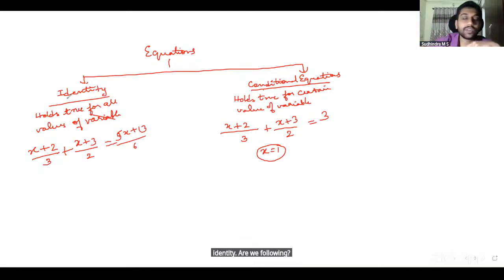Yes. Can we write down the heading equations? Yes, sir. Good. Equations.